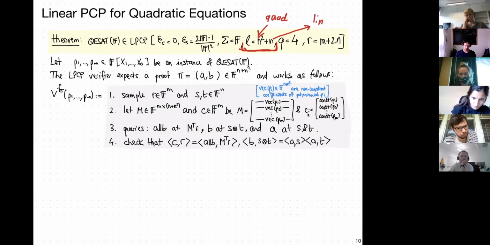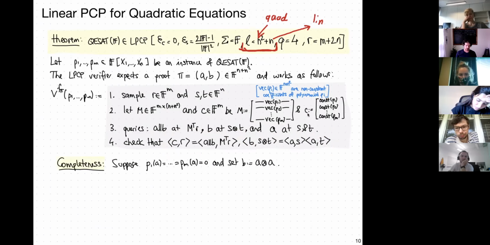And we'll check these exact two conditions: that the linear equation in the linear terms and quadratic terms holds with respect to the constant. This is the first test that we had for linear terms, only now we augmented it with variables for the quadratic terms. And also the consistency check, that we need to check the tensor structure to make sure that the quadratic terms are indeed a tensor of the linear terms, so there is consistency.